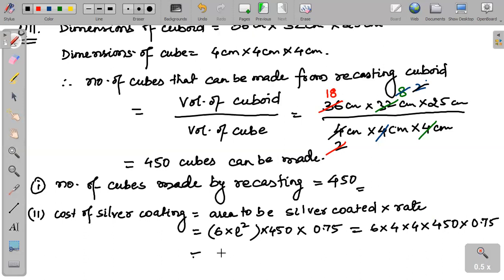That is going to give us 4 into 0.75 is 3. 3 into 4 is 12.